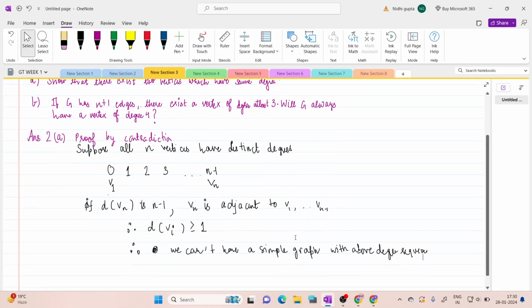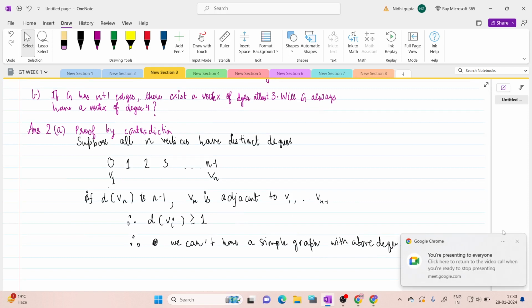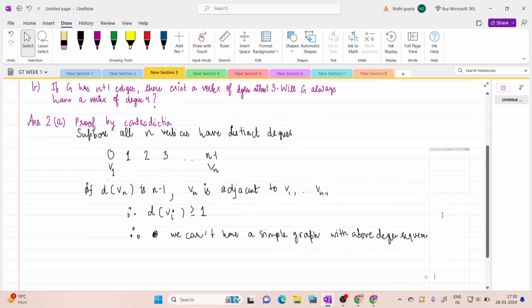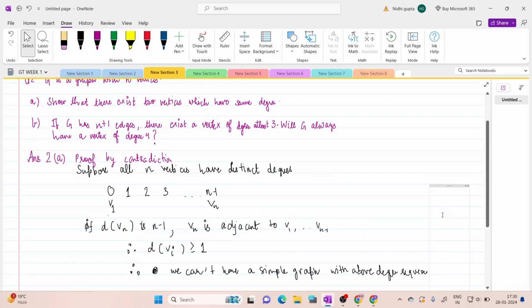So now the B part says that if G has n plus 1 edges, then we have to show that there exists a vertex of degree at least 3.